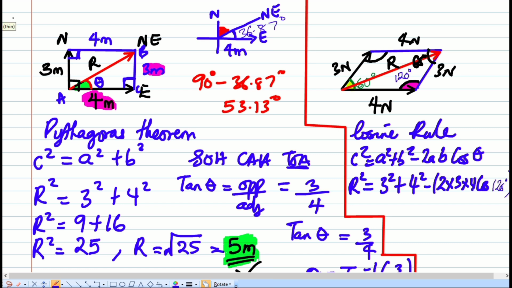Now let's simplify as much as we can. So you see that r squared is equal to 3 squared is 9, 4 squared is 16, 9 plus 16 is 25. So we have 25 minus, now 2 times 3 is 6 and 6 times 4 is 24 rather. So you have 24 cos 120.